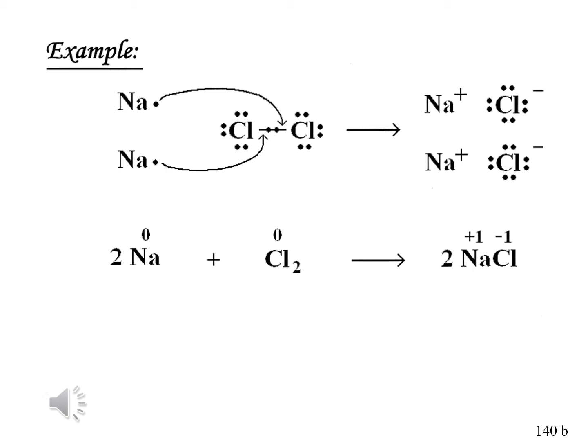Those are the oxidation numbers of those elements in sodium chloride. You can tell what happened in the reaction by looking at what happened to the oxidation numbers. Sodium went from 0 on the left to +1 on the right, that's up. And chlorine went from 0 on the left to -1 on the right, that's down.